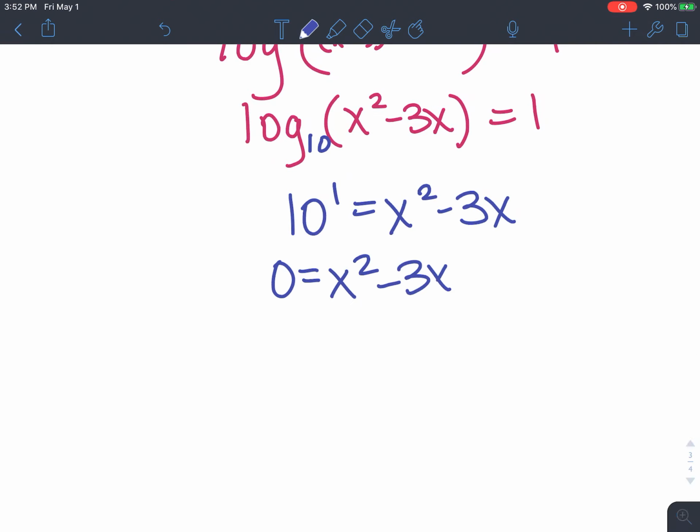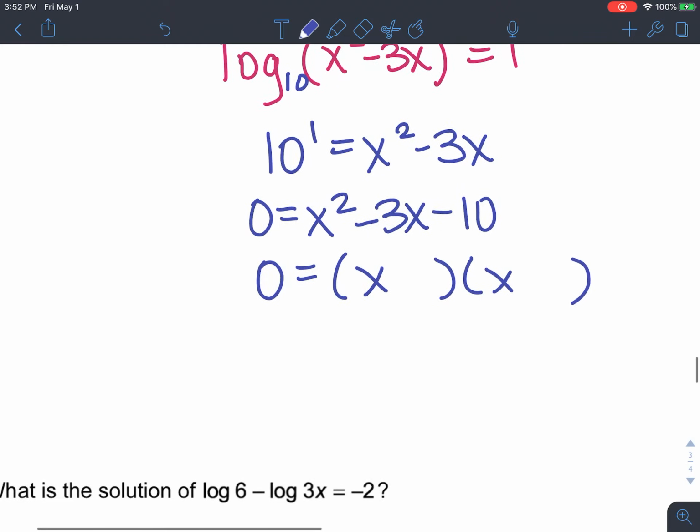Now I hope you all recognize that this is a quadratic. So we need two numbers that multiply to get 10 and subtract to get 3. There we go. And then I'll get two answers, 5 and negative 2.